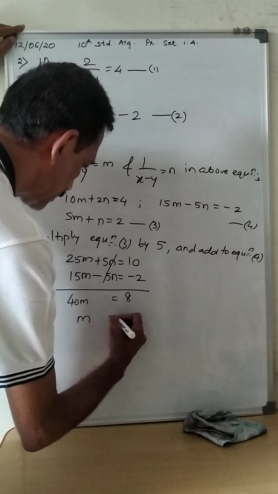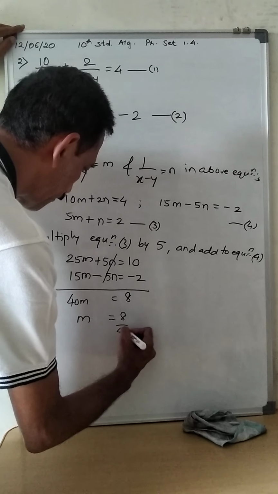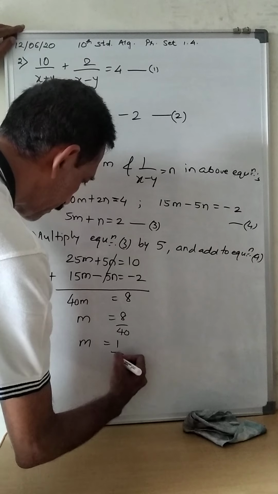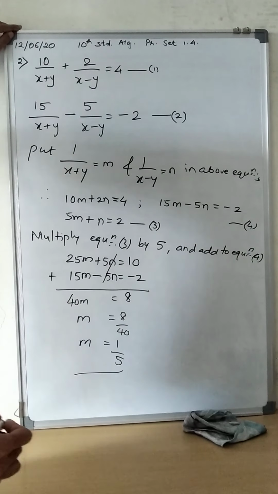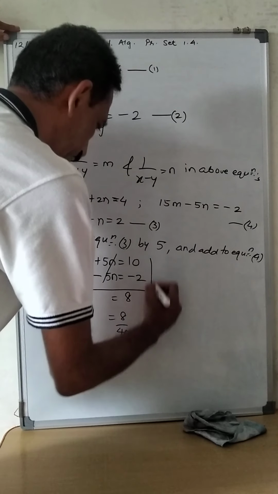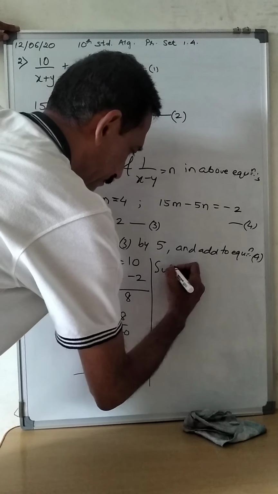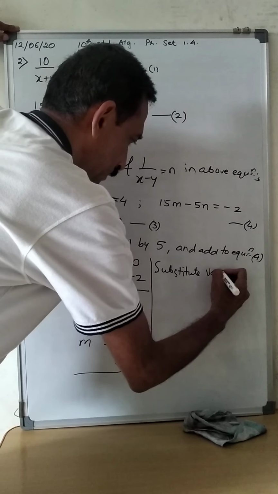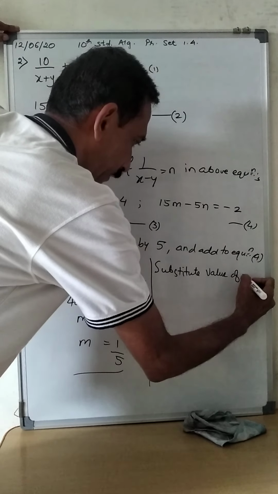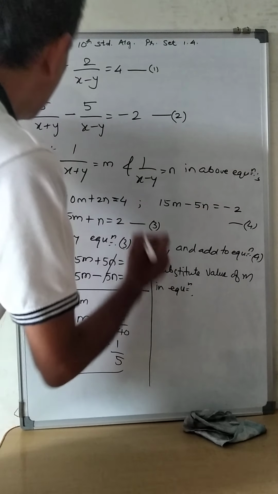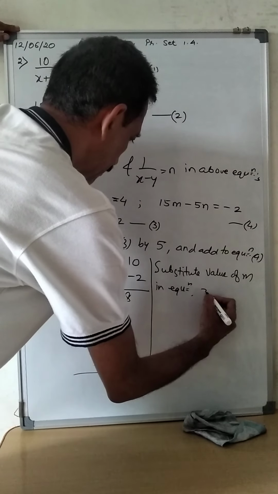So m is equal to 8 upon 40. So m is equal to 1 upon 5. Now we substitute the value of m in any equation, say equation 3.